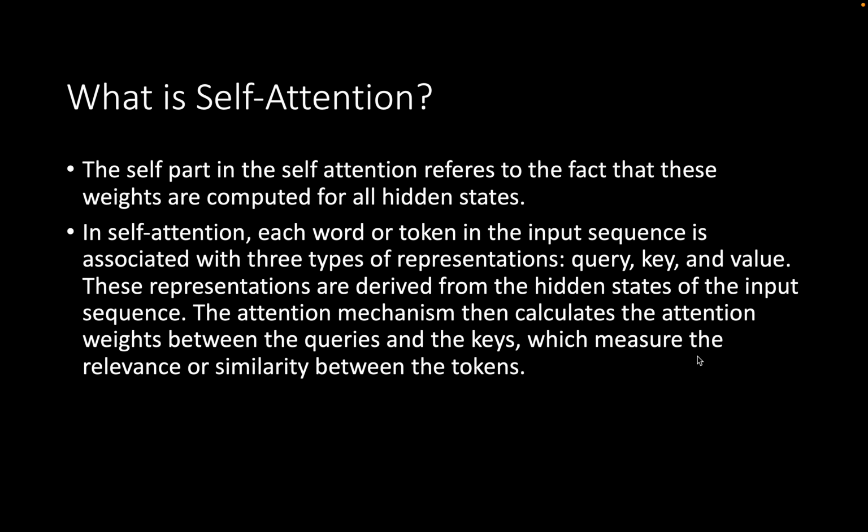Each word or token in the input sequence that we are given, the token embedding, will be associated with three types of representation: the query, the key, and the value. The query, key, and value are the main topic of this video also.